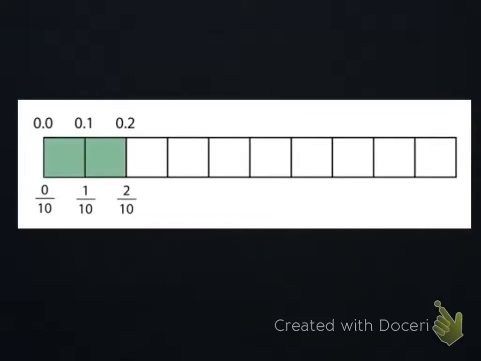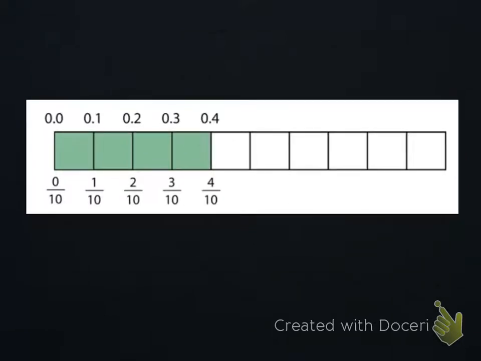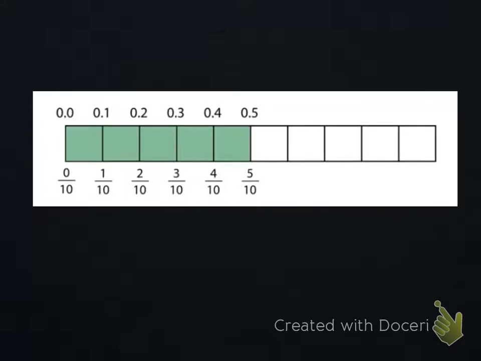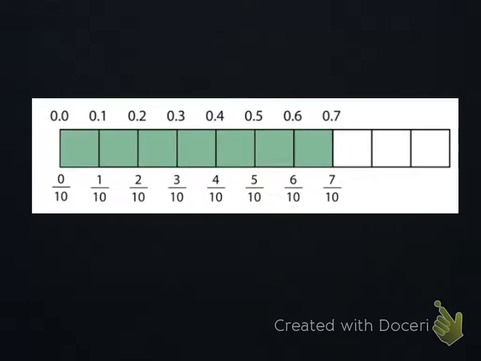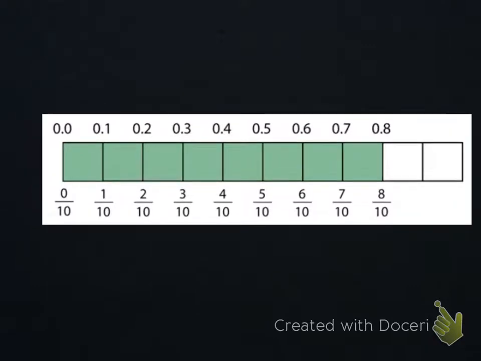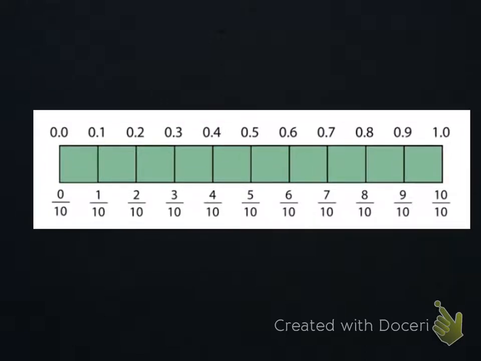Then we would have 2/10, or 0.2, 3/10, 0.3, 4/10, 0.4, 5/10, 0.5, 6/10, 0.6, 7/10, 0.7, 8/10, 0.8, 9/10, 0.9, and 10/10, which would be 1.0 or 1.